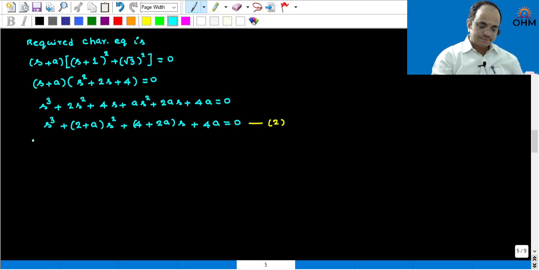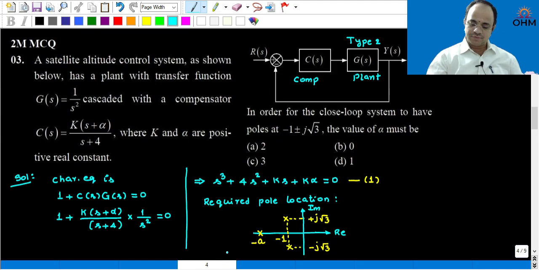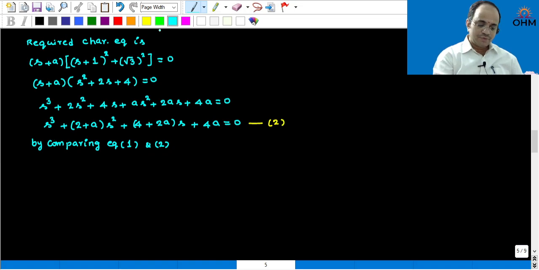Then what you can do is compare equations 1 and 2. Now start with the S square coefficient. The S square coefficient in equation 1 is 4, in equation 2 it is 2 plus A, then it will give you A is equal to 4 minus 2, which is 2.